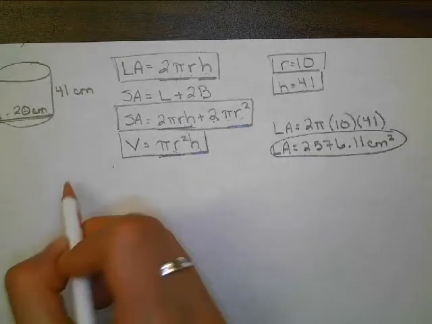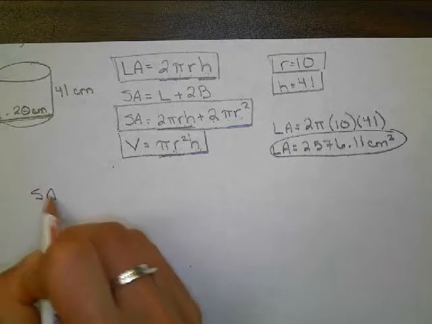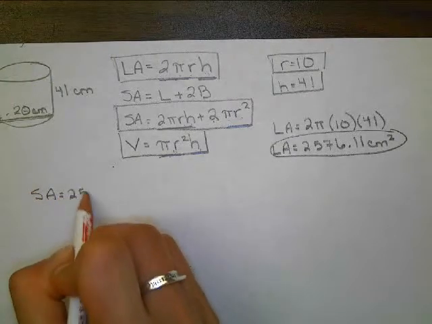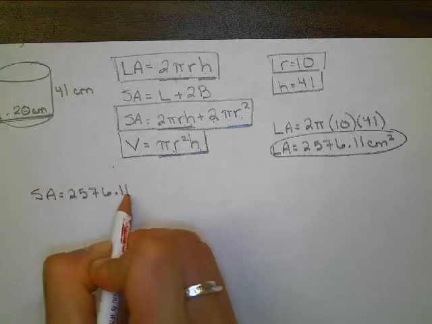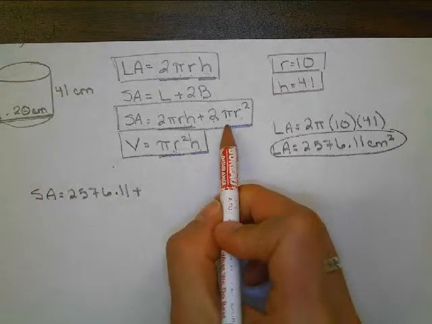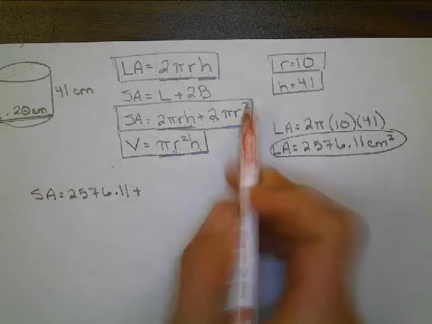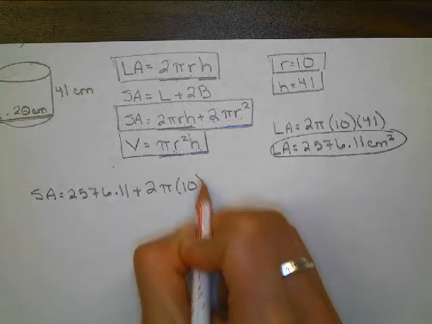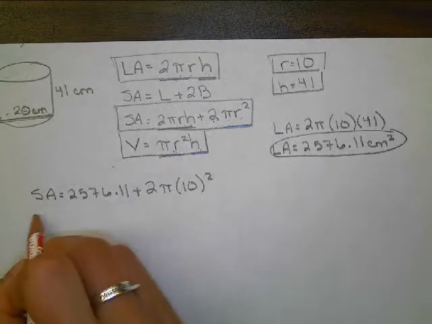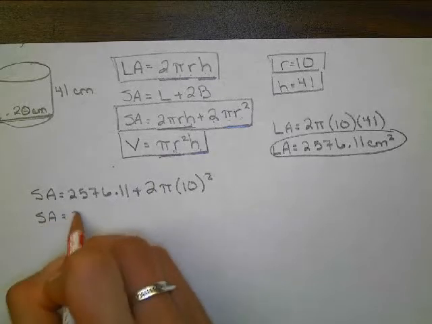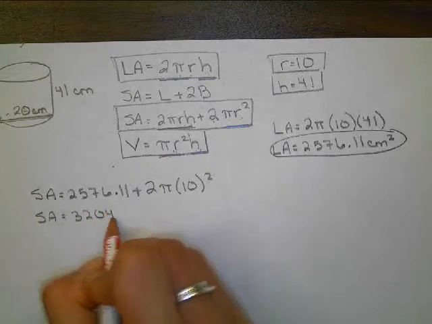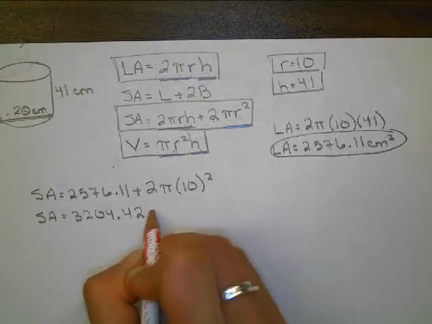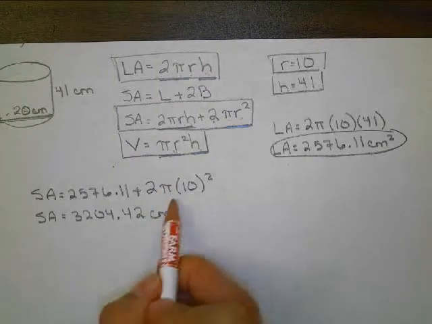To find the surface area, again, I just take the lateral area, which is 2576.11, plus the area of the bases. Again, the bases are circles, so 2 times pi r squared. And your surface area ends up being 3204.42 centimeters squared.